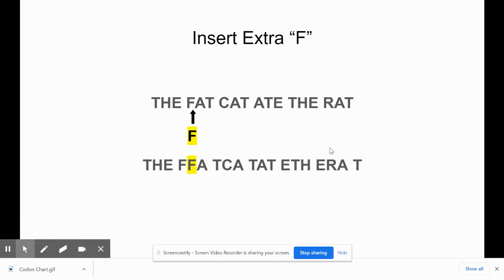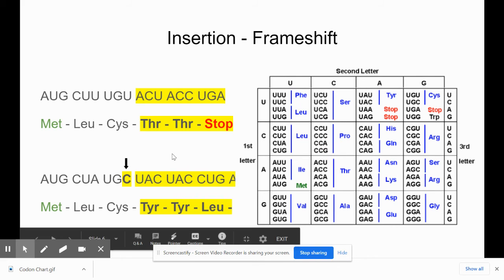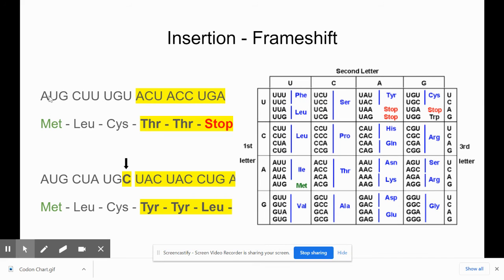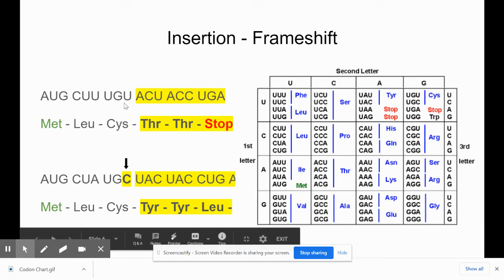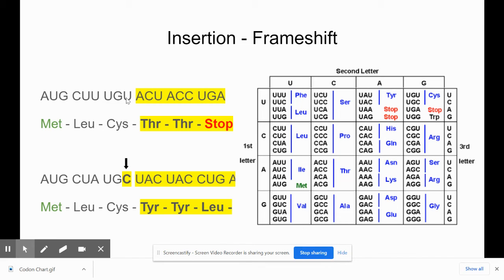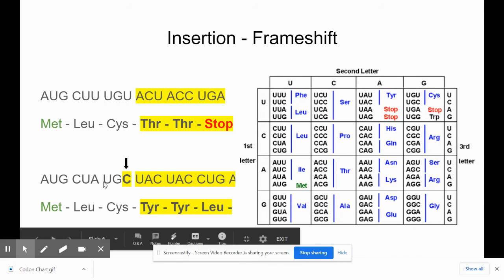The insertion frame shift error is very similar to that, only with amino acids. So if we continue using our original messenger RNA here, and we happen to stick in an extra cytosine here between the U and the G in the third codon, then it becomes UGC, because remember, we're reading it in codons in groups of three.